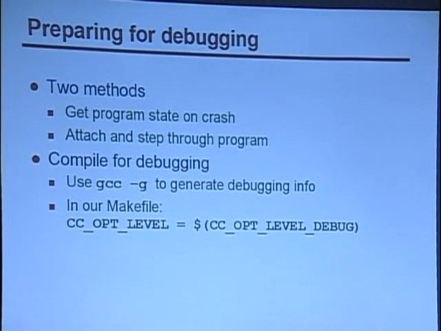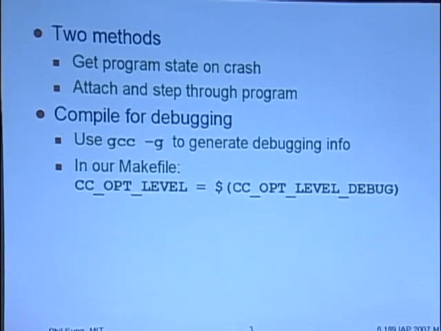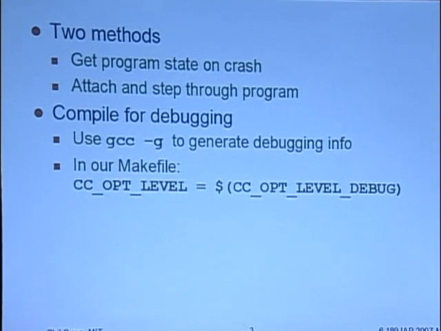You can just add -g manually to your GCC invocations, or you can set this option in the makefile, CC_OPT_LEVEL, and set that to CC_OPT_LEVEL_DEBUG, and that will do the same thing as adding -g.